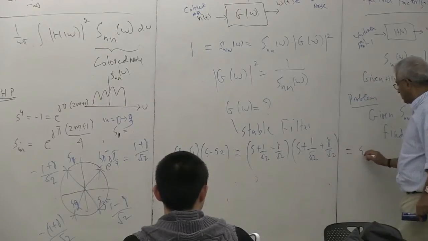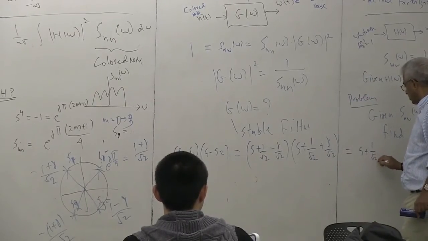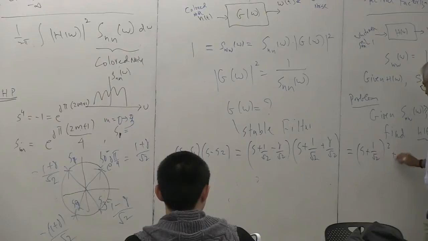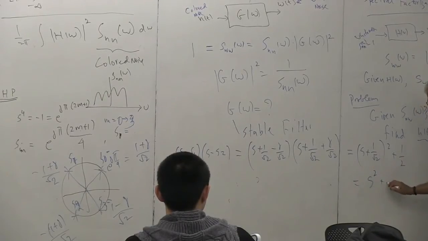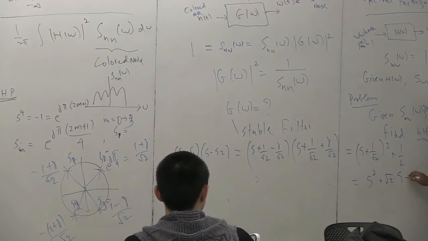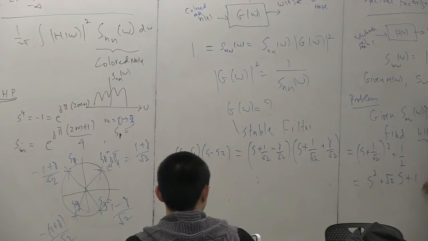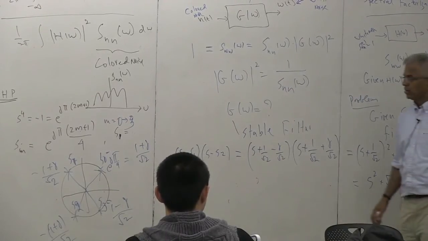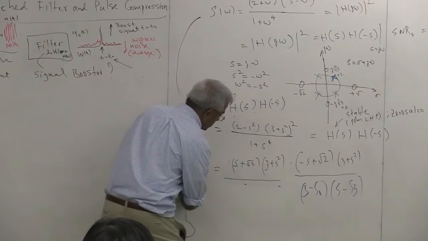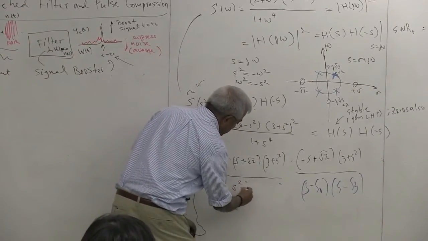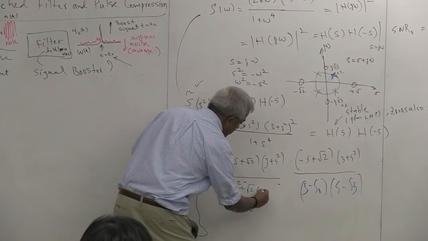So this is S plus 1 over square root of 2, the whole squared, plus half. And if you expand that, you get s squared plus square root of 2 s plus 1. This is the second order Butterworth filter, if you realize. So I can replace this here by s squared plus square root of 2 s plus 1.